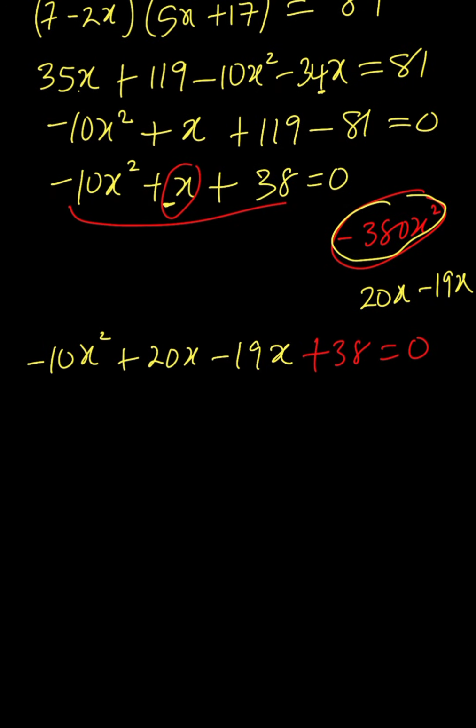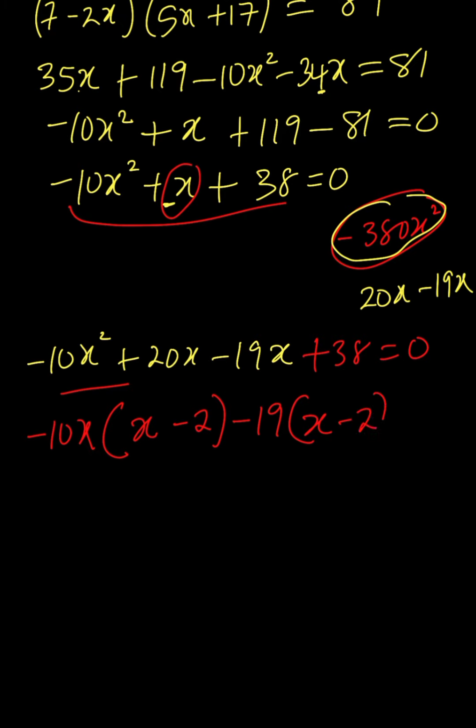Factorizing this, we'll have between the first two terms, minus 10x is a common factor. So divide minus 10x squared by minus 10x, that will be x. Divide 20x by minus 10x, that will be minus 2. Between minus 19x and 38, minus 19 is a common factor. Minus 19x divided by minus 19 is x, and 38 divided by minus 19 is minus 2.